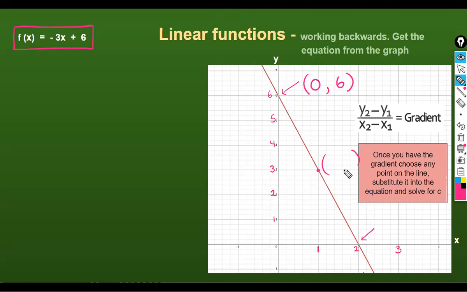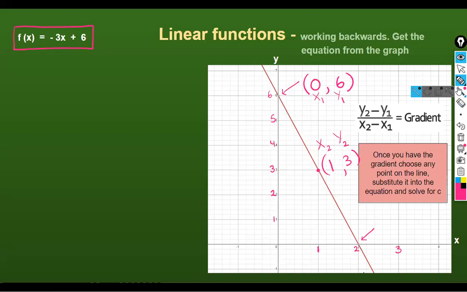Also, it is 1, 3. Right? So choose any point first. I'm going to choose the one on top first. So it is x1 and y1. Whichever point you choose first is x1 and y1, making the other point x2 and y2.